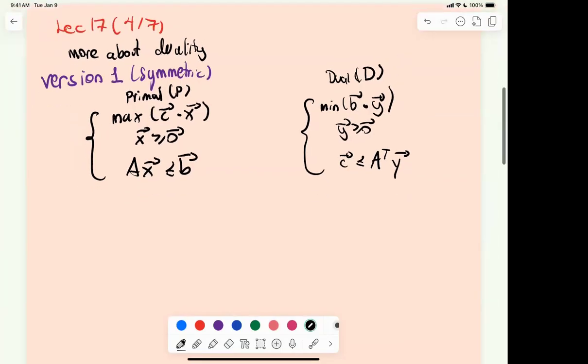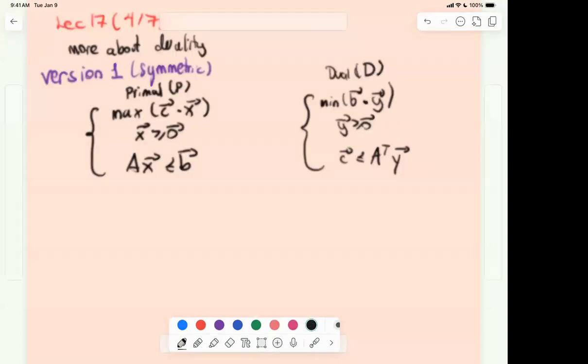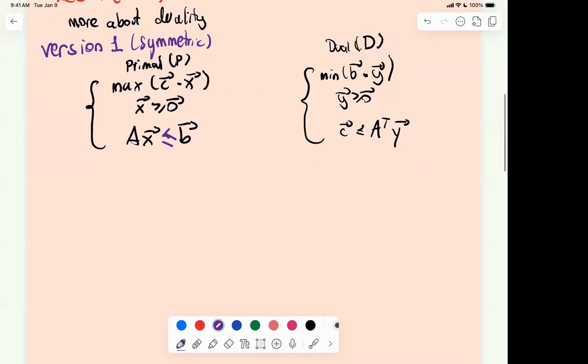It's called the symmetric version because of what happens in the other version, which is what if you have an equality here. So the symmetric version is the one with an inequality, in the format less or equal to. The second version is called the asymmetric one.